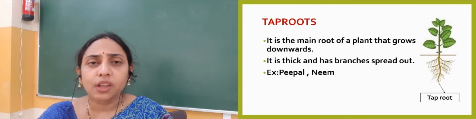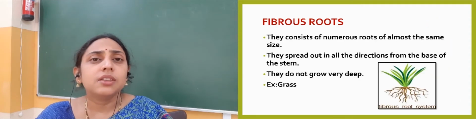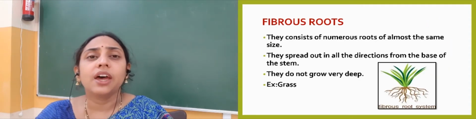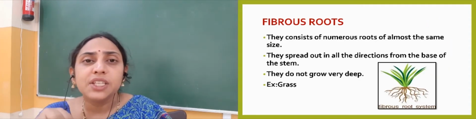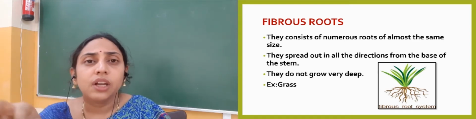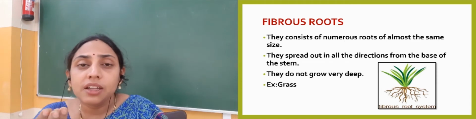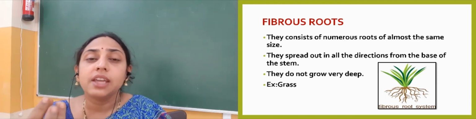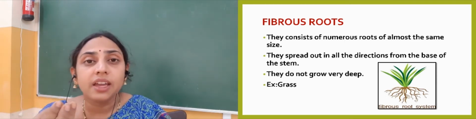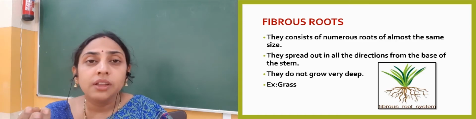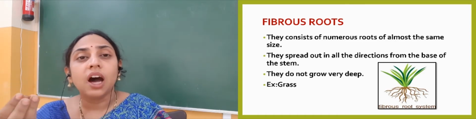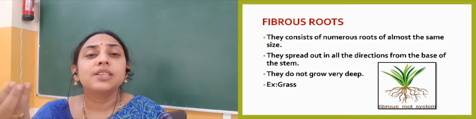Clear? Then some plants have roots that are spread very near to the ground, means they are very near to the base and they are spread in all the directions, and they have the same size and they look similar, right? So, these roots are called fibrous roots.